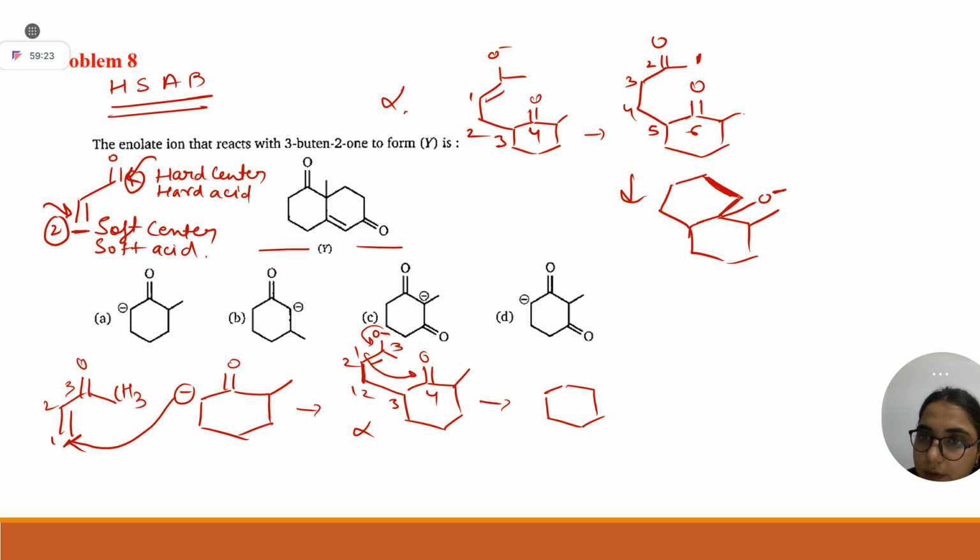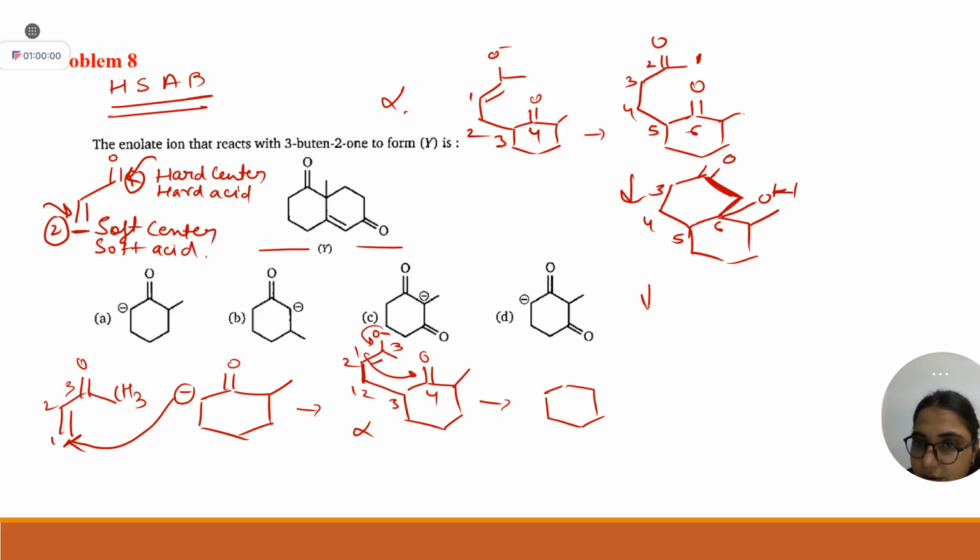O negative. Clear how I have done this? 6, 5, 4. Okay, some mistake I have done. Carbonyl will come here. 3. Is this clear how I have made that? Now it will become OH, and obviously which side proton will it eliminate?